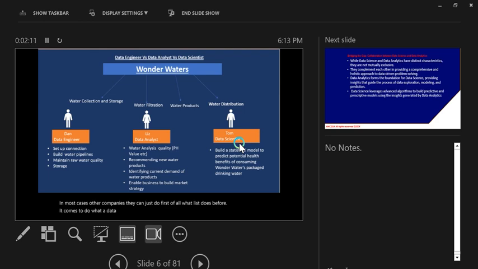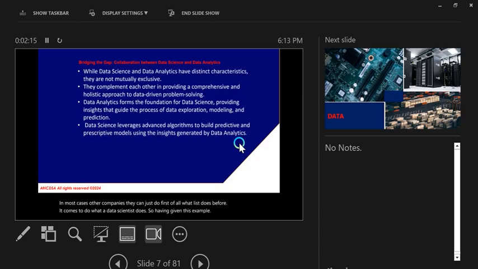So having given this example, let us first of all look at now, how can we bridge the gap? That means the collaboration between data science and data analytics. So we have seen that from the previous slide.